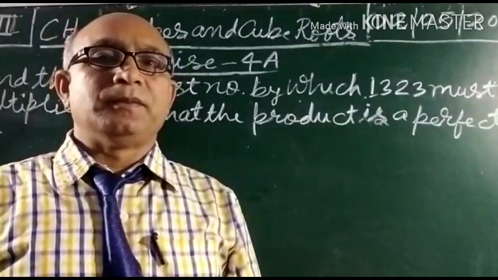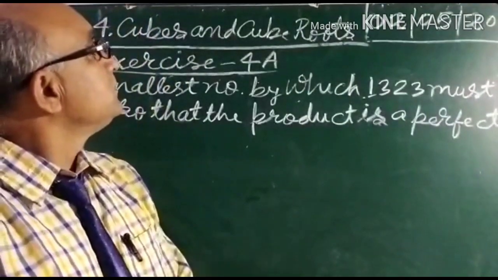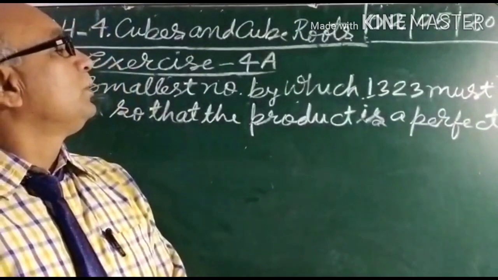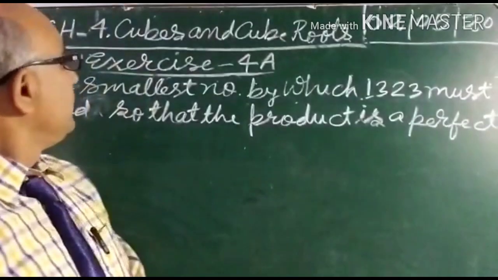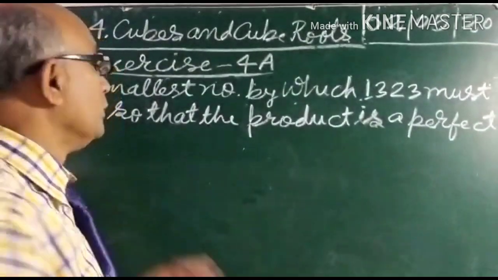Question number 7: find the smallest number by which 1323 must be multiplied so that the product is a perfect cube.